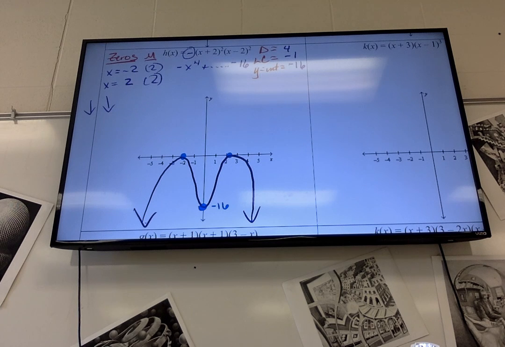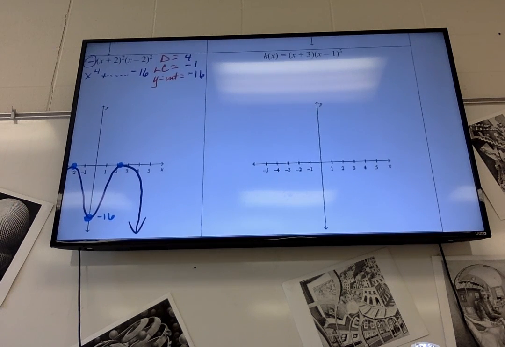That's the hope. Okay, so for the next one, set each of these equal to 0. You just get -3 and 1. The multiplicity for -3 is just 1.